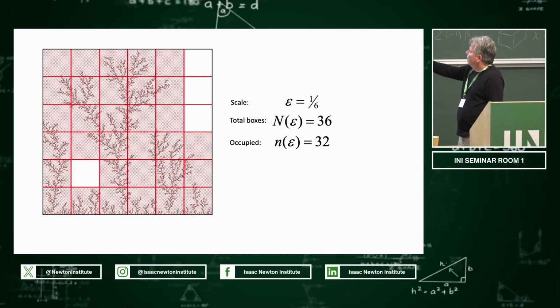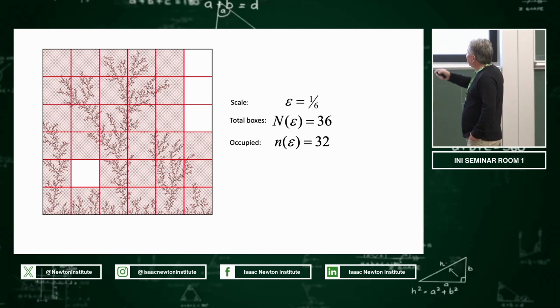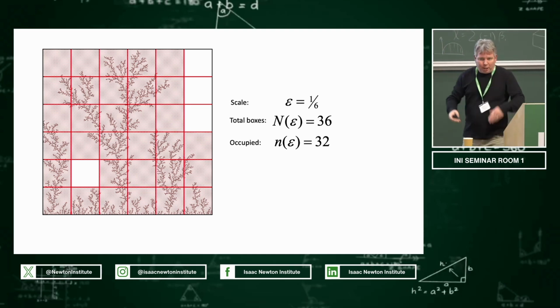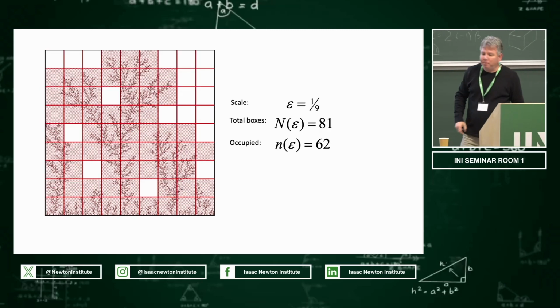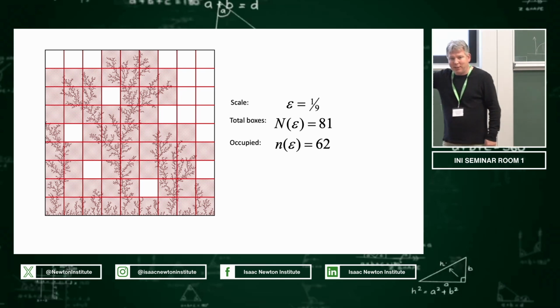Okay, so at 1/6 the scale, there are obviously 36 boxes, and if you count the occupied ones, there's 32. Okay, and then we're going to cut the scale of those boxes again. Now we have 81 boxes because we're down to 1/9 the scale.